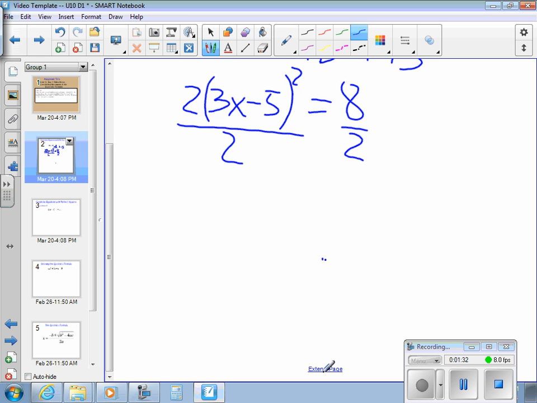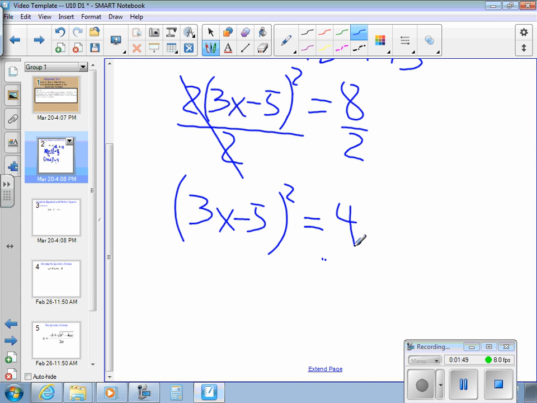Let's extend the page. Okay, so those of course are going to cancel out, so now I have 3x minus 5, that quantity squared, equals 4. So now I'm going to take the square root of both sides.